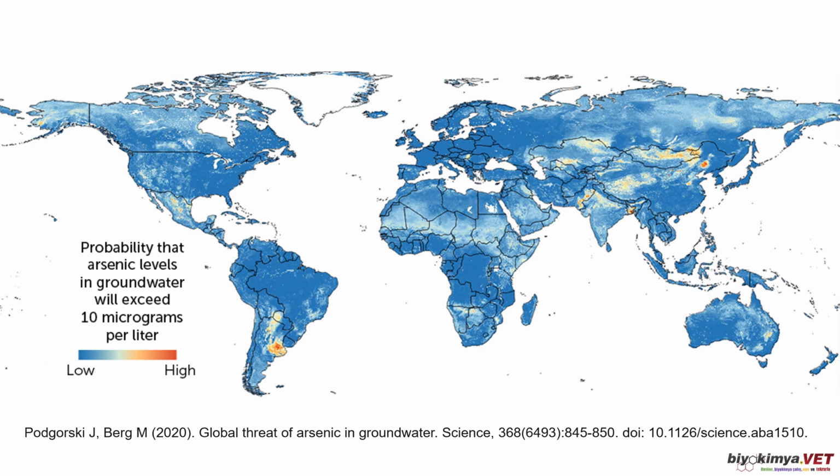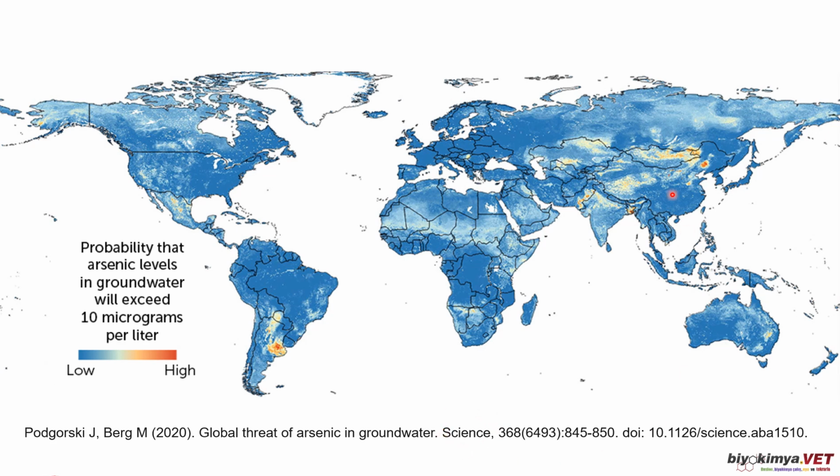And a good figure here again, a map of the world, as you see the globe, all countries are seen clearly. It's an article published by Podgorski and Berg in 2020, titled Global Threat of Arsenic in Groundwater, published in Science, a highly prestigious scientific journal.